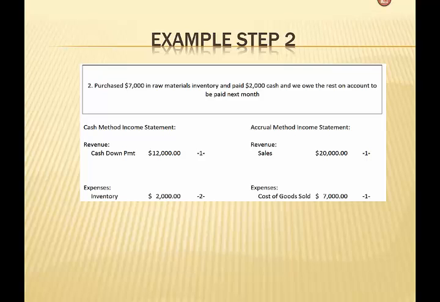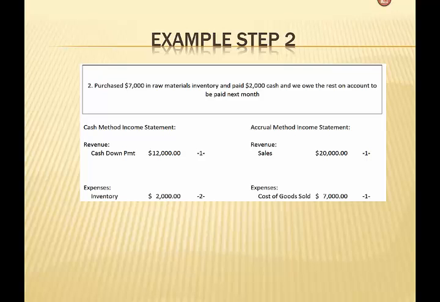The next thing we've done is we've purchased some more inventory. We paid $2,000 cash and we owe the rest on account. In the cash method, the only cash that has exchanged hands is the $2,000. So we will represent that under the expenses for $2,000. On the accrual method, none of this is actually hitting the income statement because when we buy inventory, the inventory is going to go into an asset account that's on the balance sheet.